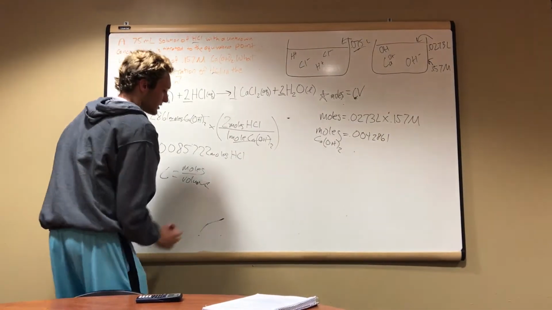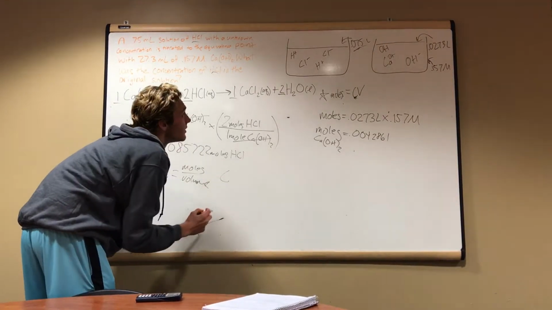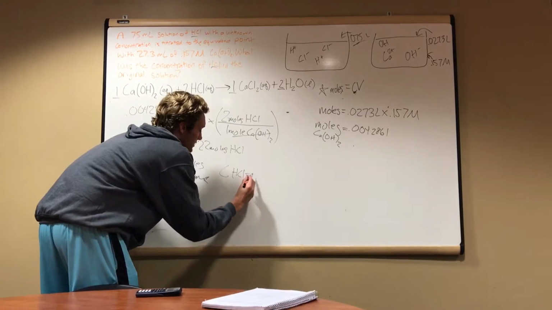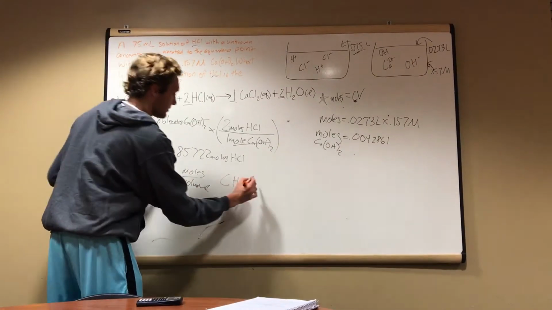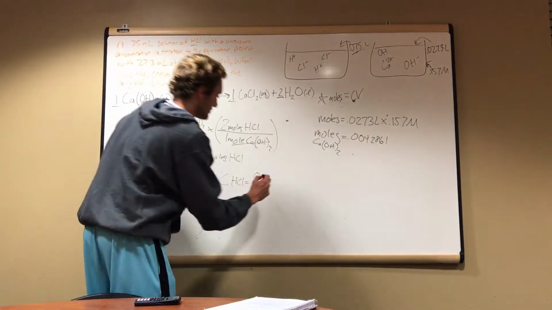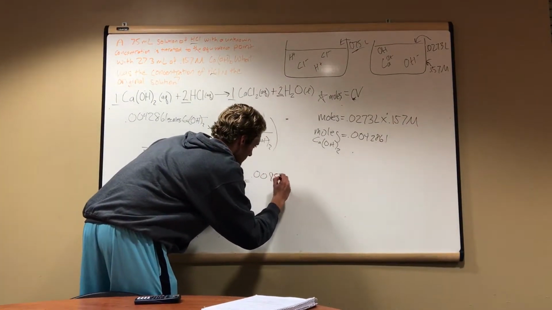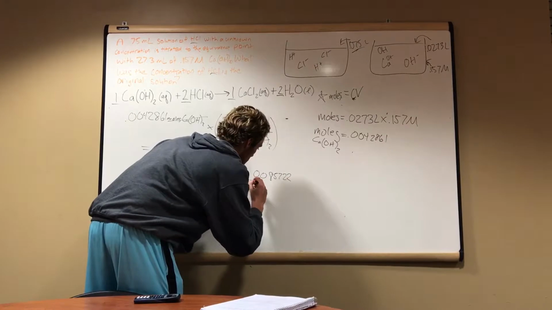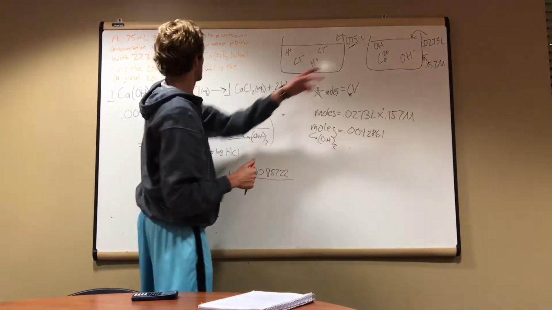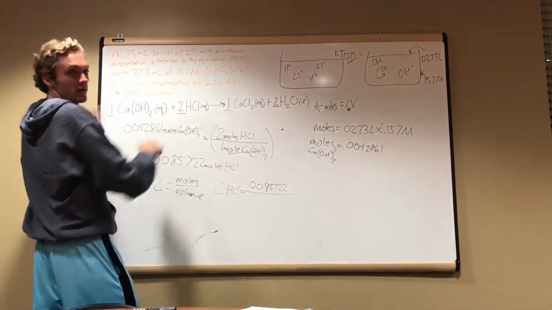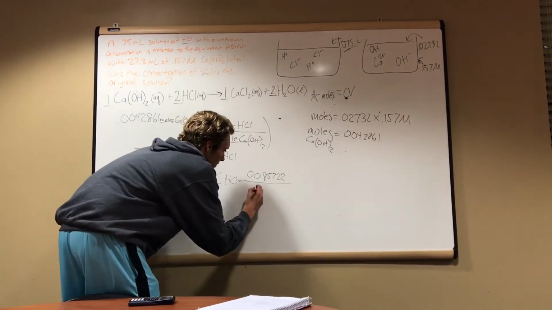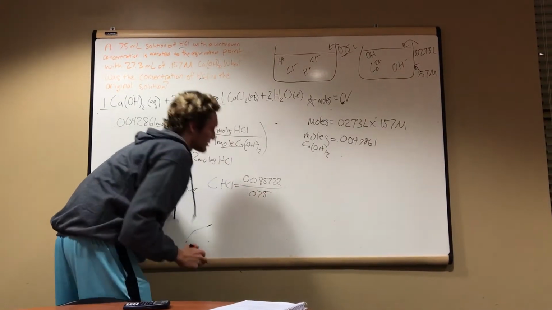So our concentration of HCl is equal to this one we just found, 0.00855722, over our volume, which was given to us in the problem up here, which we also converted to liters, which is 0.075 liters.